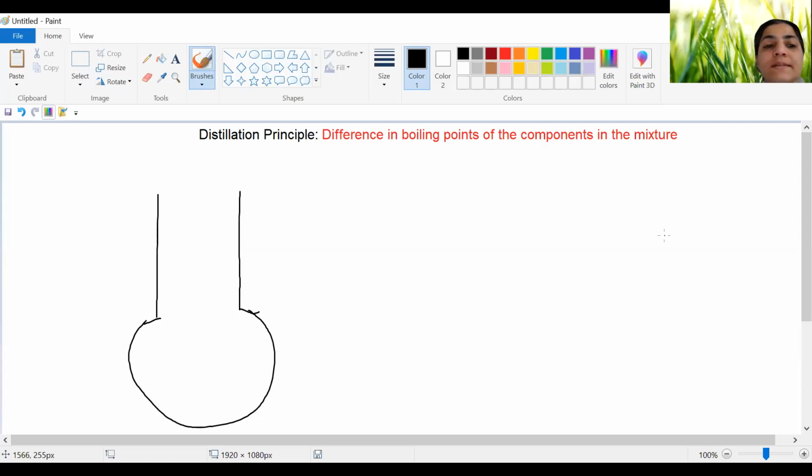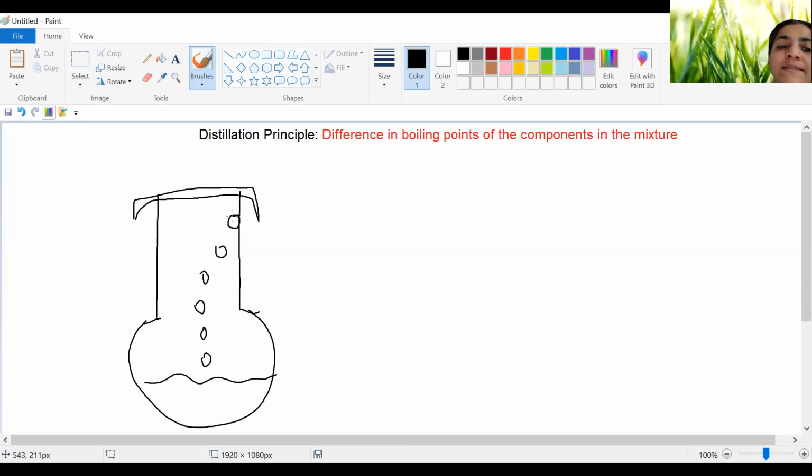When you have a closed system and you have a mixture, your compound or the volatile molecules become vapors. They rise up because hot air always rises, and it then condenses on the sides of the cooler parts as droplets.